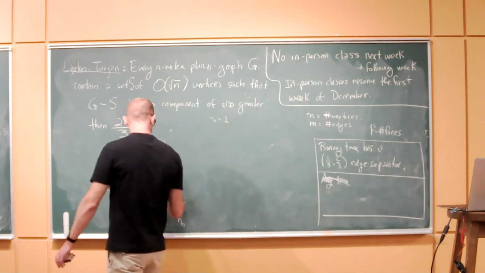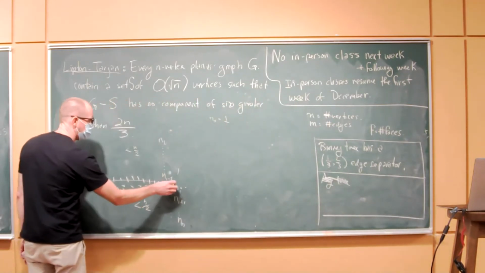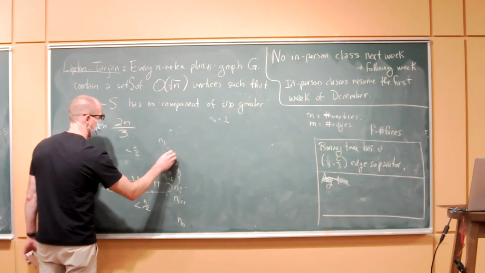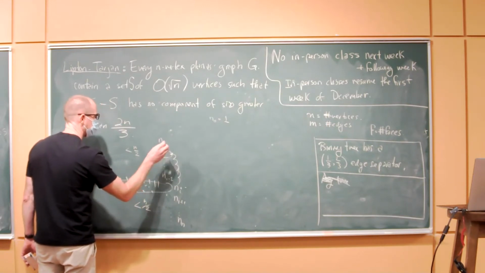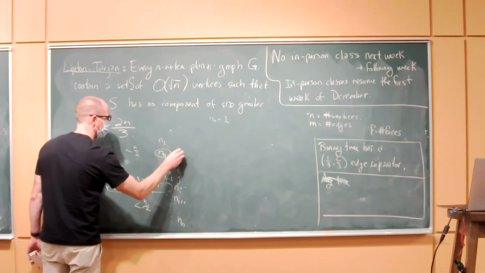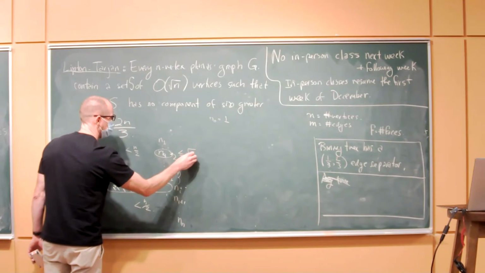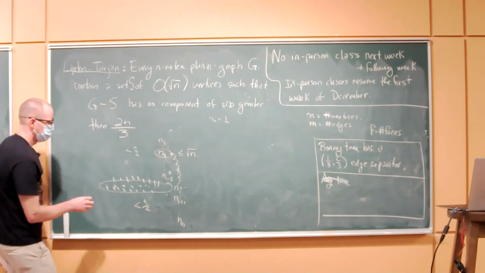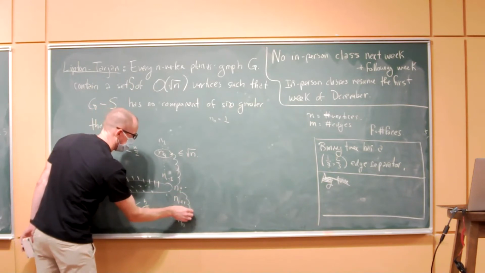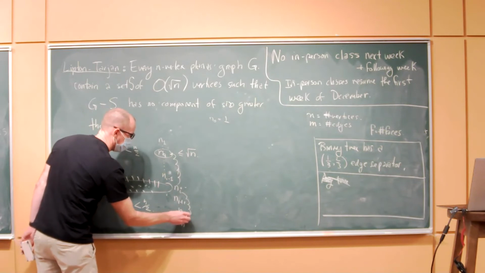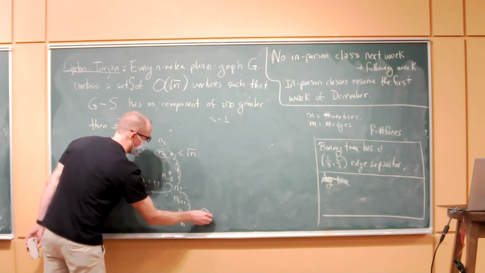In fact, from Ni, we can start walking up until we find something. Let's call this Na, which has size less than or equal to square root of n. And we might as well walk down as well until we find some Nb, which has size less than or equal to square root of n.